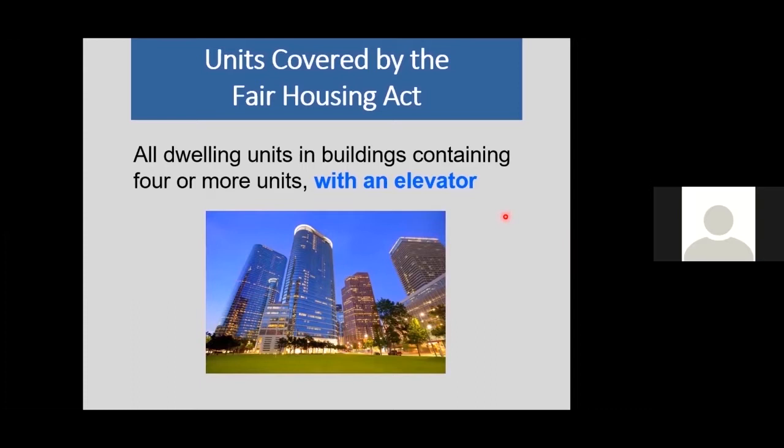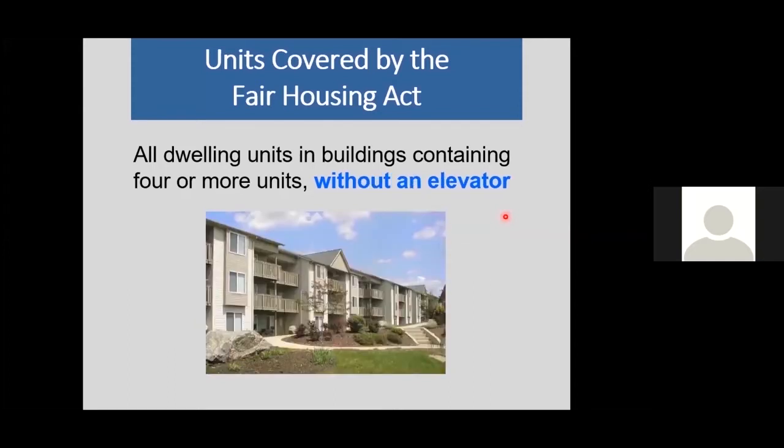And then we need to know how many of the units in this covered dwelling are required to comply. If this building has an elevator, all of the units will be subject to these requirements. If the building does not have an elevator, then what the law calls the ground floor dwelling units will be subject to these requirements.